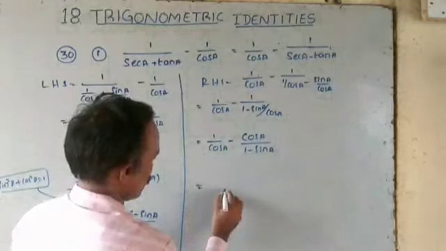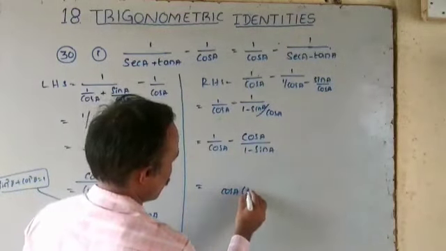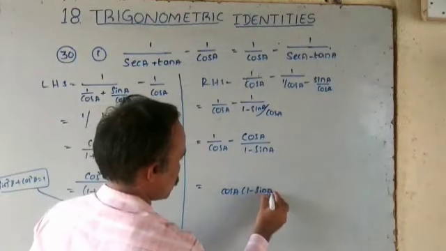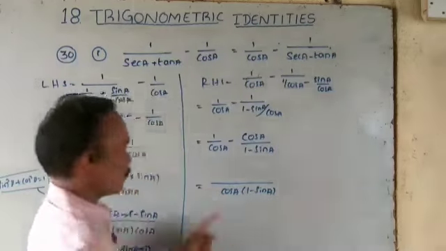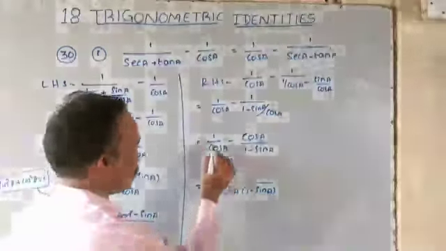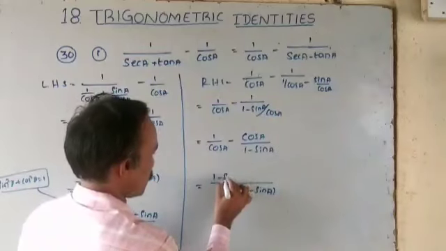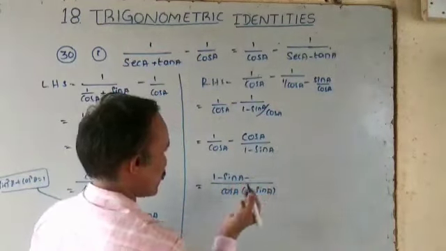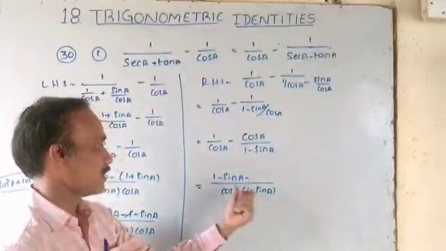Now you take LCM. So cos A into 1 minus sin A is the LCM. Now cos A gets cancelled. Remaining 1 into 1 minus sin A, that is 1 minus sin A, minus, 1 minus sin A gets cancelled.